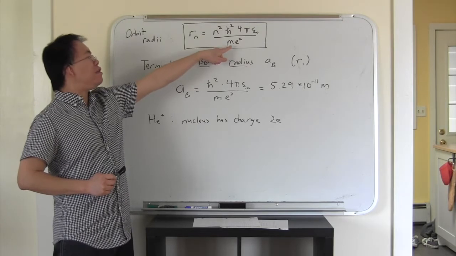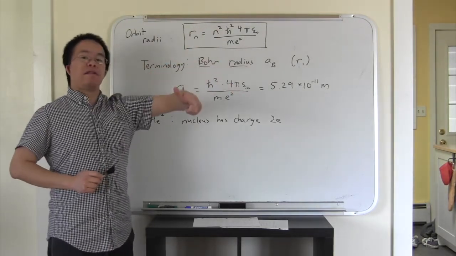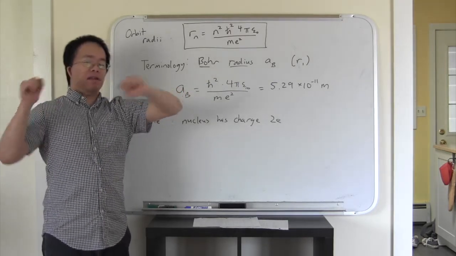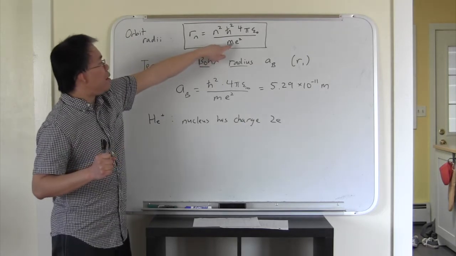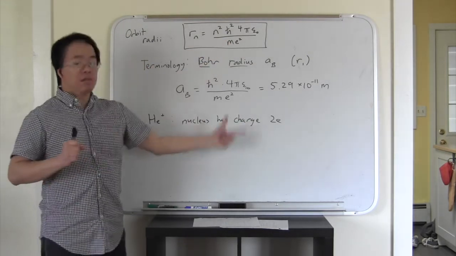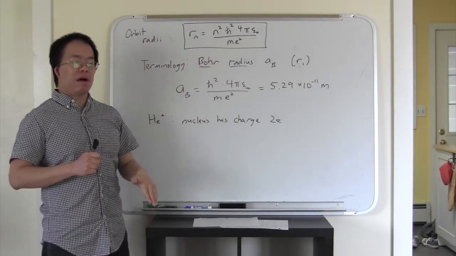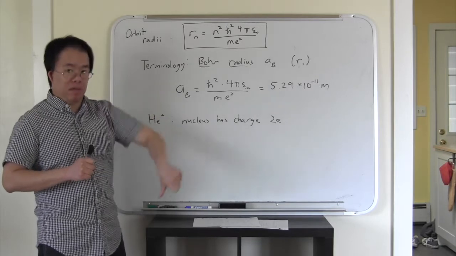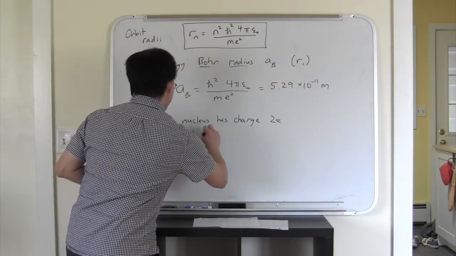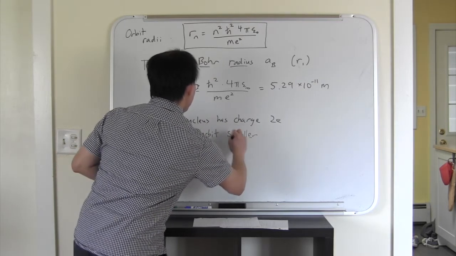Both of the e's are in the denominator. One came from the proton in hydrogen, the other from the electron. If we were to replace one of these e's with 2e, I think you can see that the radius of the n equals 1 orbit would go down, and the orbit would be smaller.